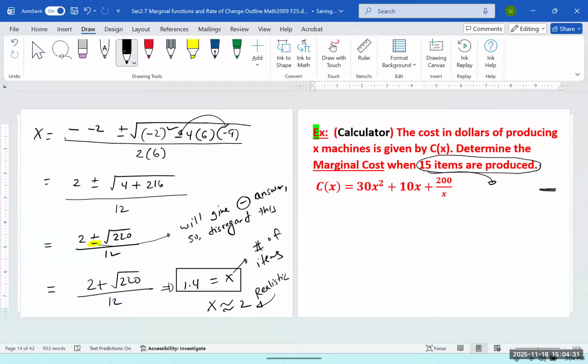What is this 15? What is given here? Is it the x value, cost, y value, what? X. So they're asking, find the marginal cost first, which means find the derivative of the cost, and then substitute x with 15. Which should be easier.